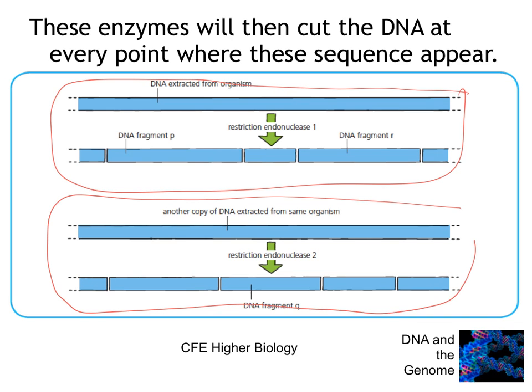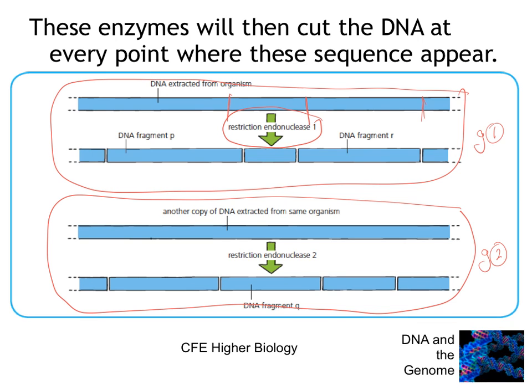So here we've got 2 pieces of DNA. It's the same piece, but here's, I suppose you could think of this as genome copy 1, and this is genome copy 2. It's the same genome. But what happens here is that a restriction enzyme is used, and it cuts the DNA in different places.